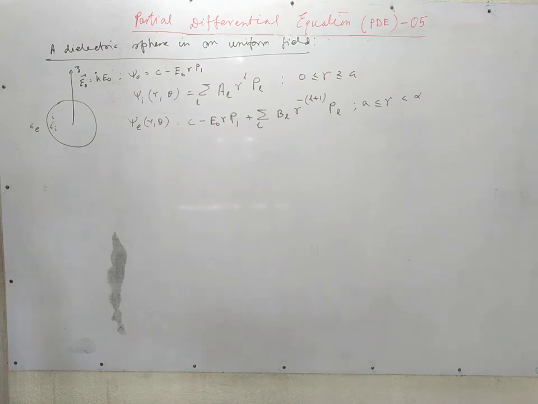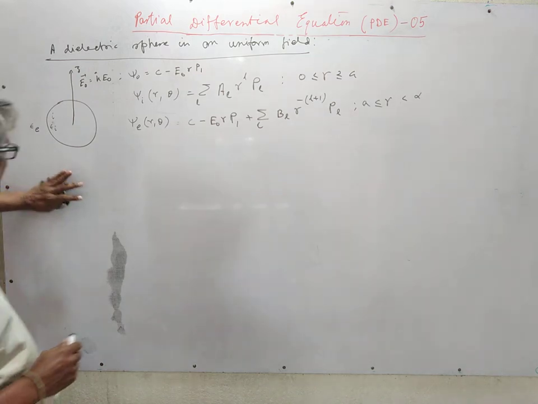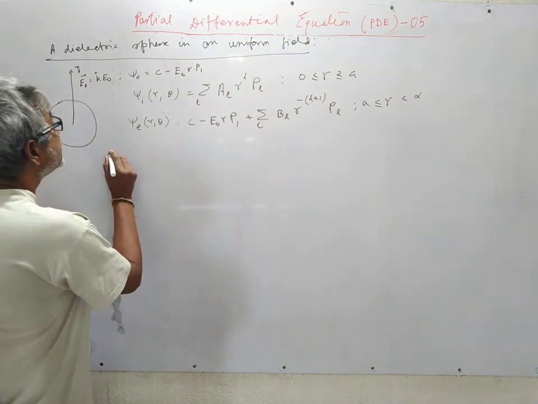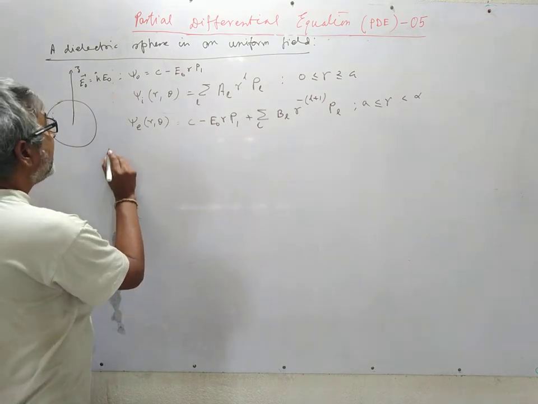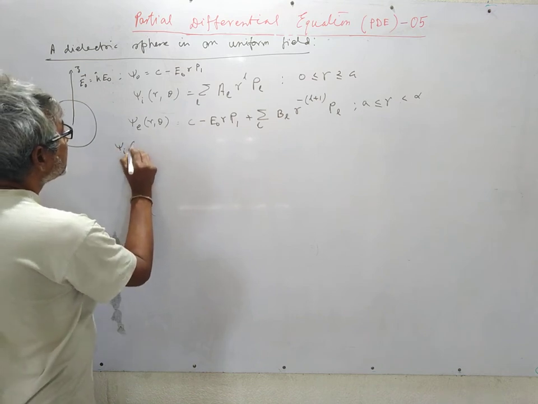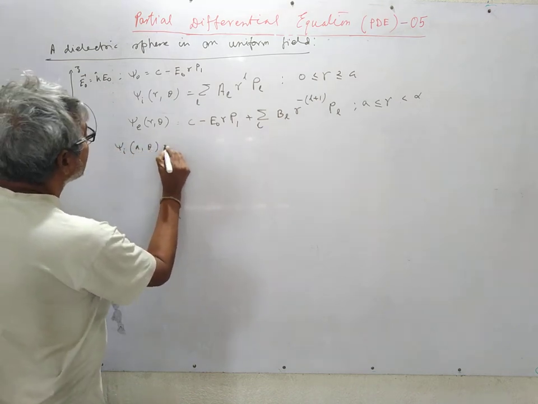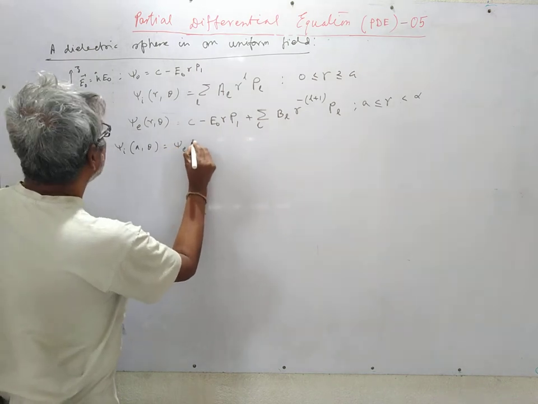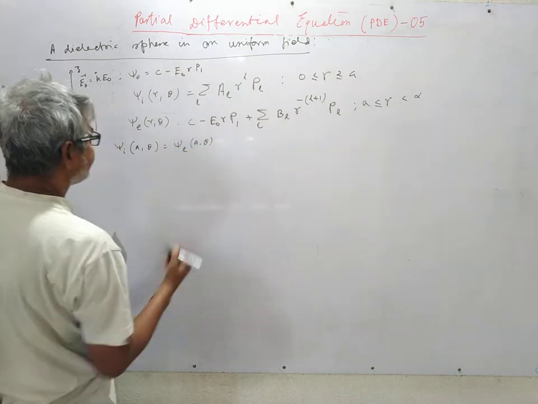Now we have two boundary conditions to be satisfied. The continuity of the tangential components of the electric field gives us phi internal at a, theta equal to phi external at a, theta.